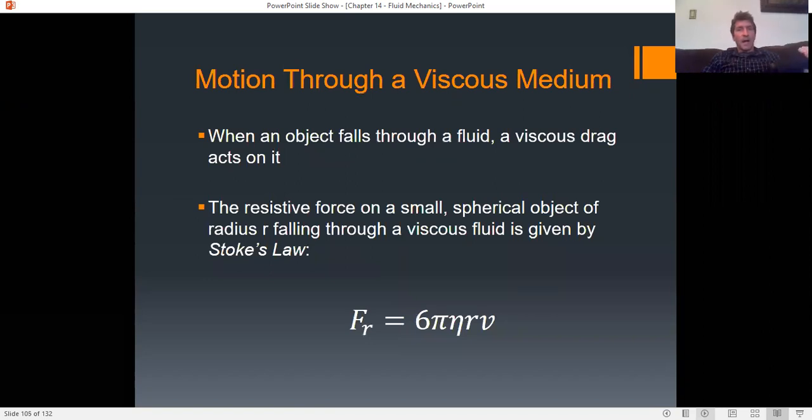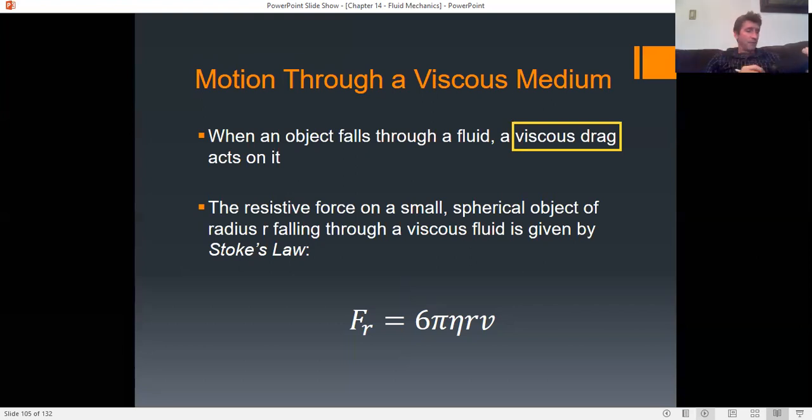So when an object passes through any fluid and the fluid has viscosity, we're forcing the molecules of the fluid to actually move. And friction acts against any type of movement. So any type of object moving through a viscous fluid, a viscous medium, is going to experience drag, okay?